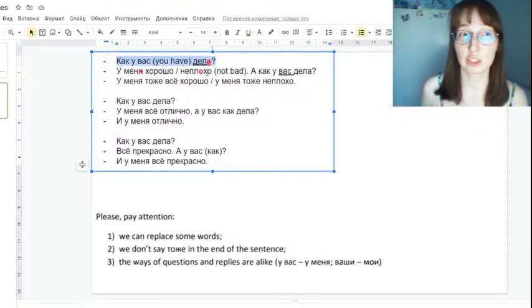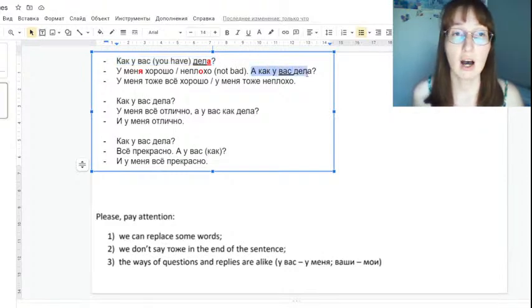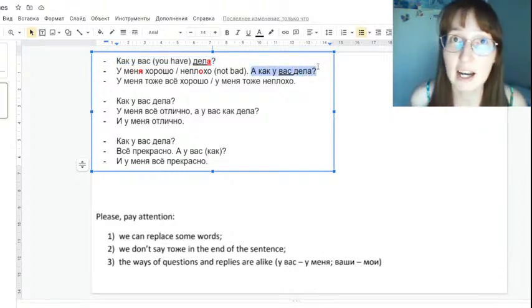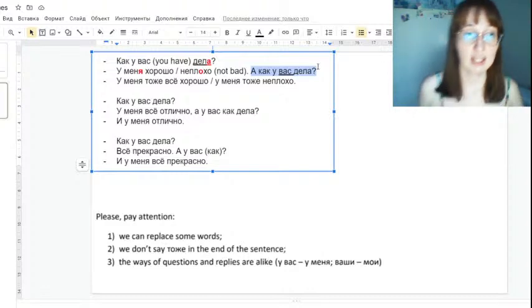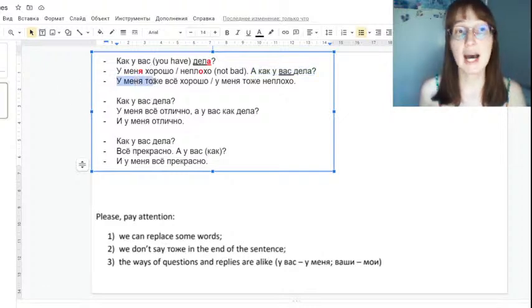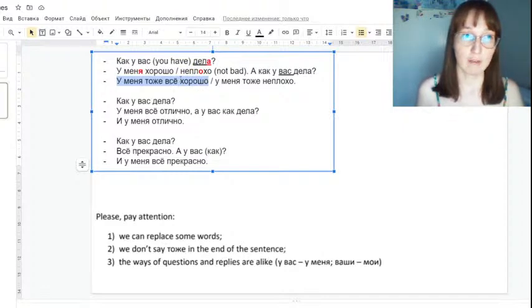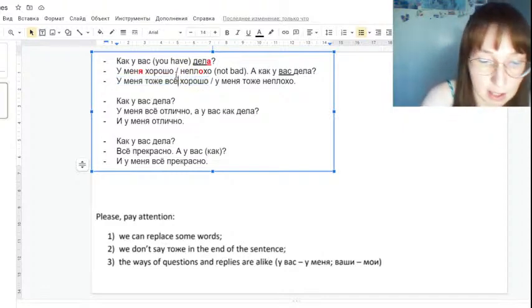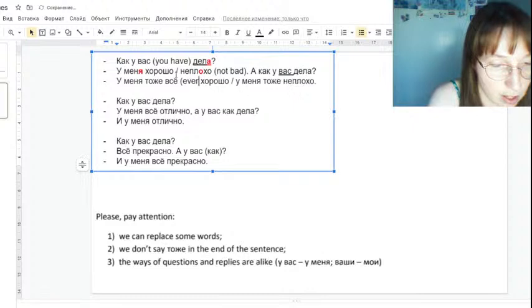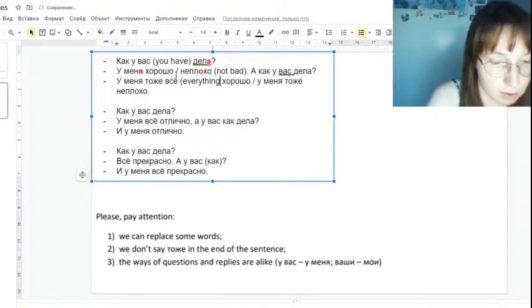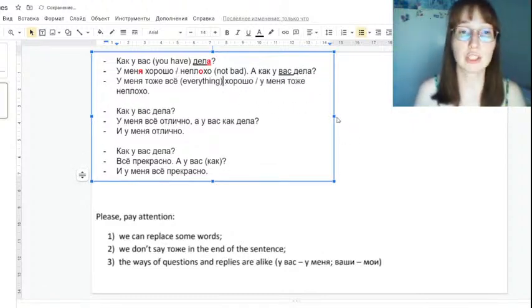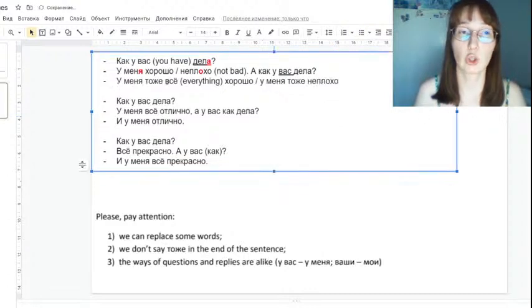У меня хорошо, у меня неплохо. А как у вас дела? У вас. Как у вас дела? It's formally. У меня тоже всё хорошо. Всё means everything.